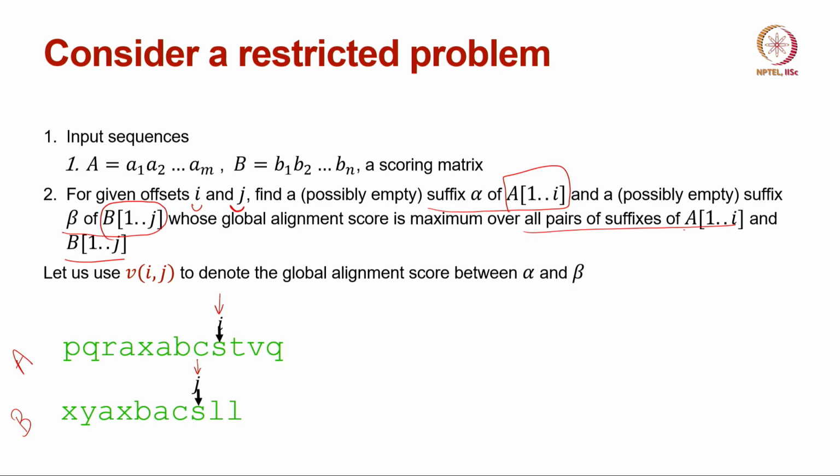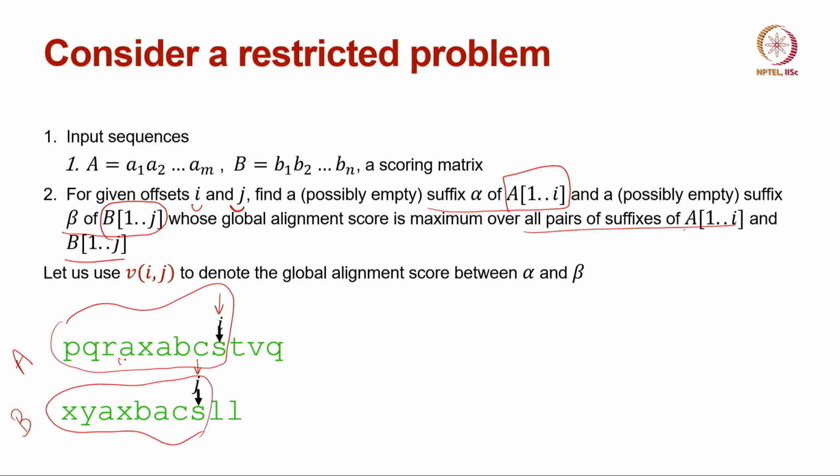Now the formulation is asking to find the appropriate suffix of this string, and similarly find a suffix of this string, such that the global alignment score between both suffixes is maximum.